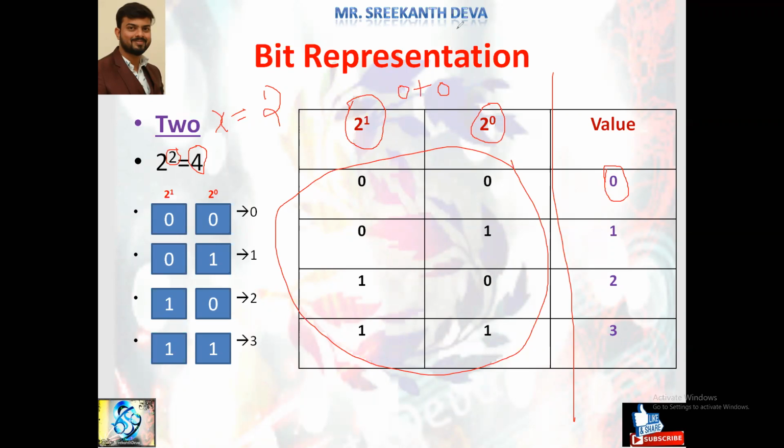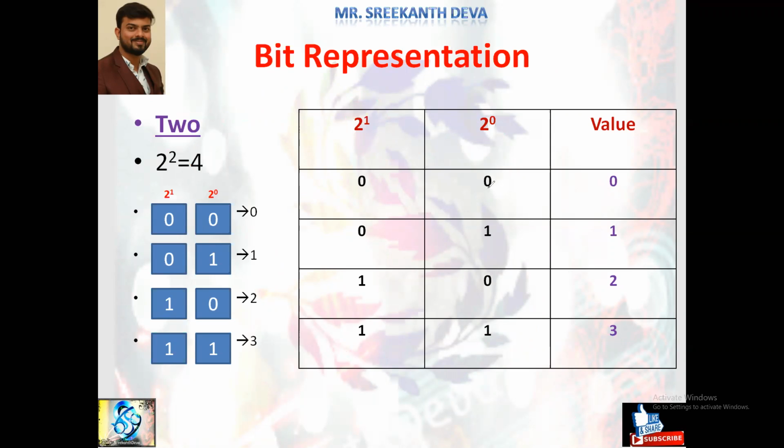I'm trying to make all these things clear. 0 into 2 to the power of 0 is 1. 0 into 2 to the power of 1 is 2. 0 into 2, 0 plus 0 into 1, 0, equals 0. 0 is the decimal value.